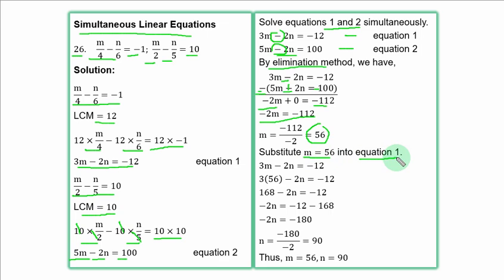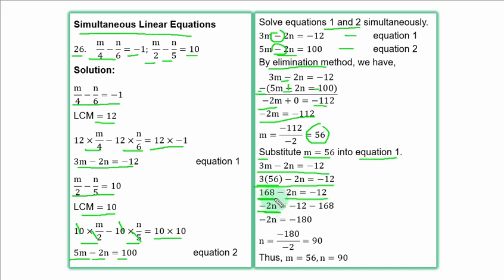To continue, you need to substitute m equal to 56 into equation 1 or 2, not both at the same time. So I'm going by equation 1. This is equation 1. Anywhere m is, you replace it with 56. Now 3m means 3 times m. So you have 3 times 56. That is 168 minus 2n equal to minus 12. Next thing is to collect like terms. You have minus 2n here.